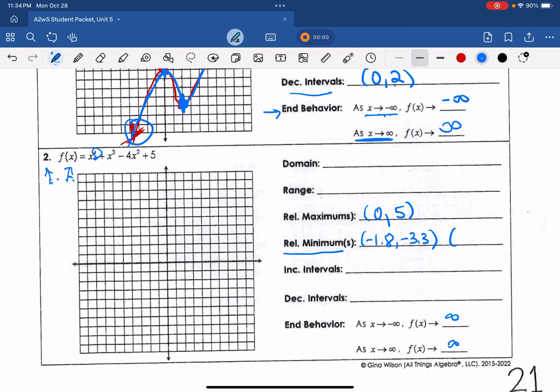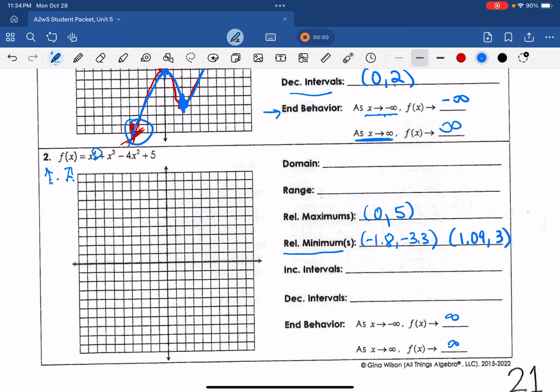And the coordinates for that relative minimum are like 1.0888. So we're going to round to 1.09. And then the y-coordinate for that point is 2.95. So that's going to round this up to 3, basically. Okay, so we have 2 relative minimums and 1 relative maximum.